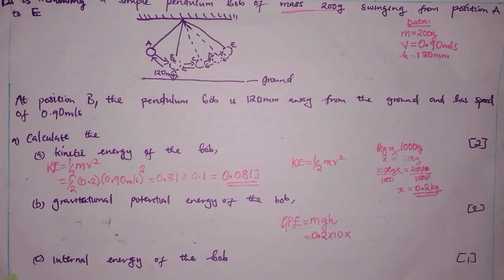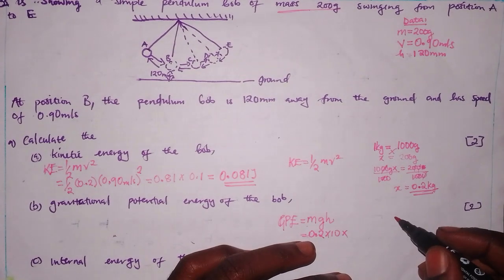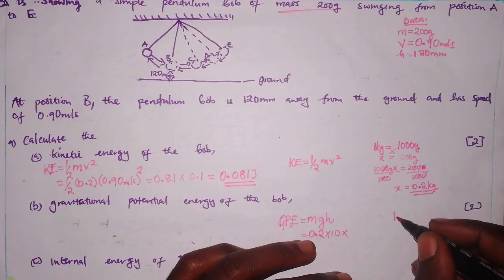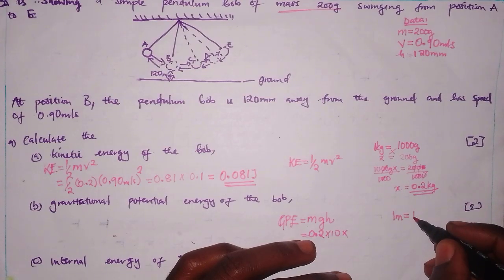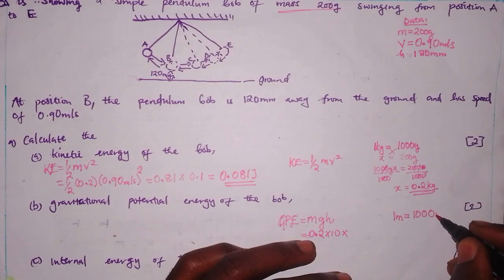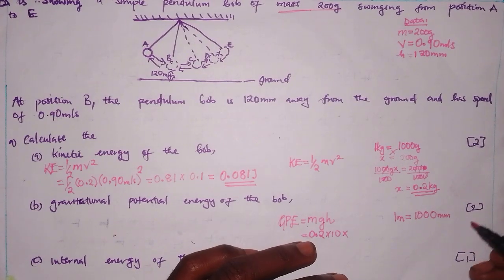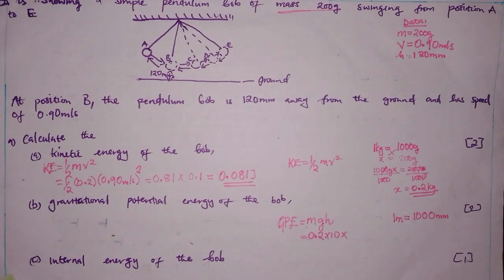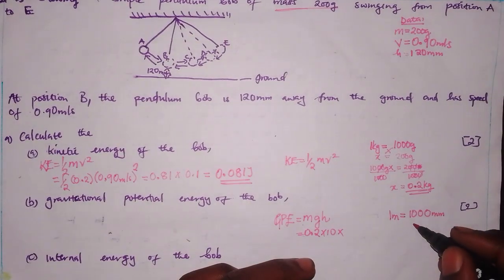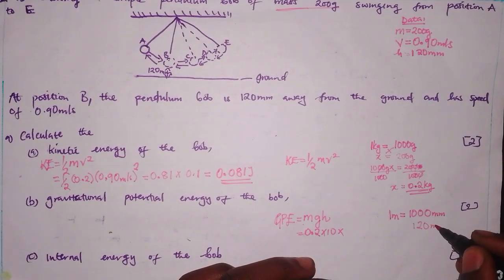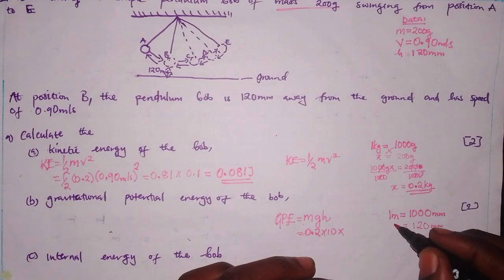Convert the units to their SI units. So we are going to convert now the height from 120 millimeter to meters. So you say 1 meter is equal to 1000 millimeter. Now if I have 120 millimeter, how many meters are there?